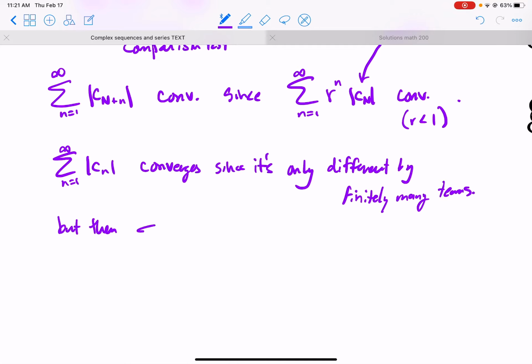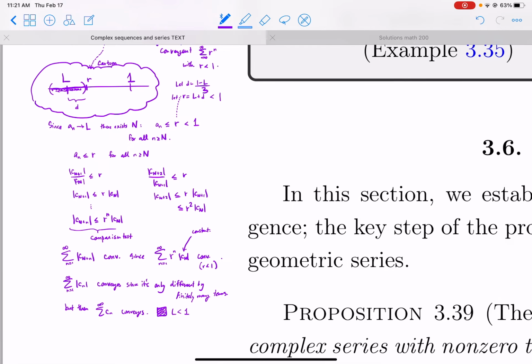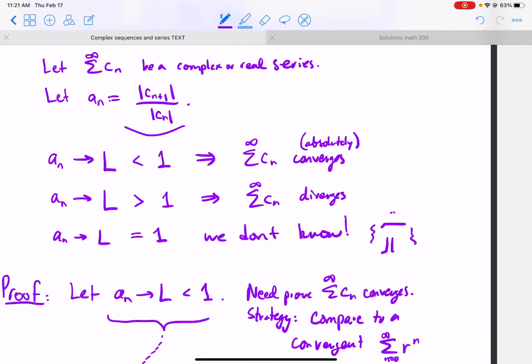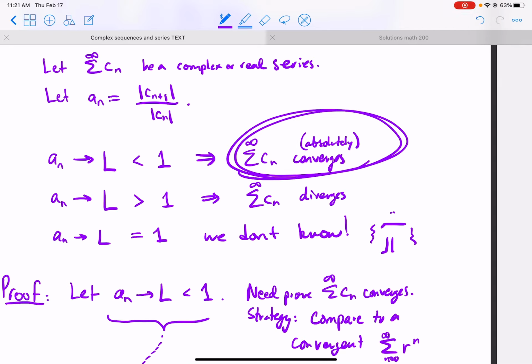But then this series converges by a previous problem where if it's absolutely convergent, that implies that it converges, and we're done. We're done with the case where L is less than 1. So we proved that if the sequence of ratios approaches L less than 1, then this series converges.